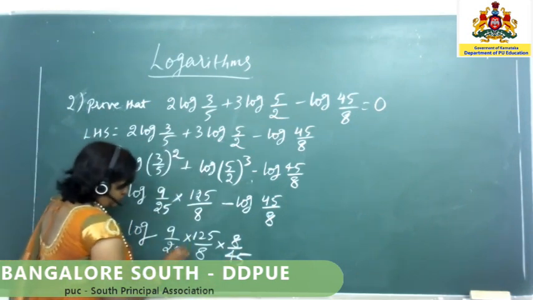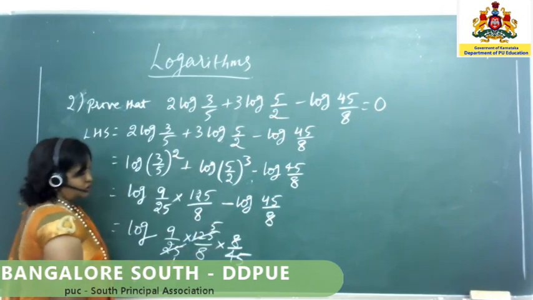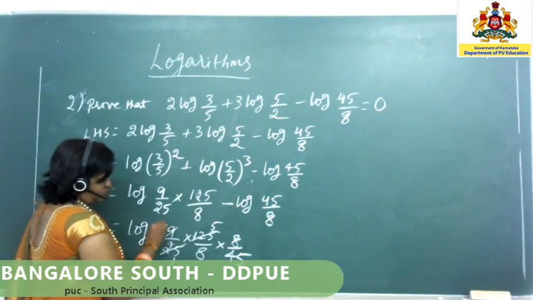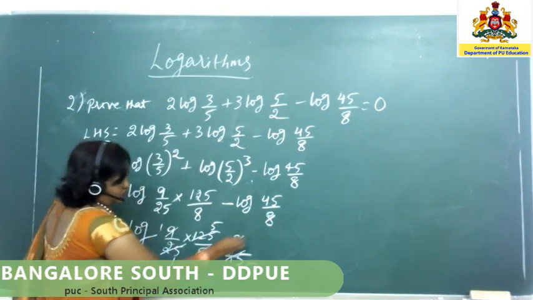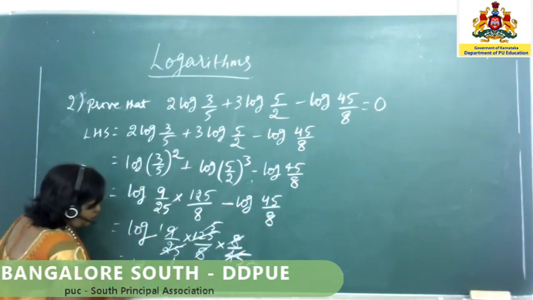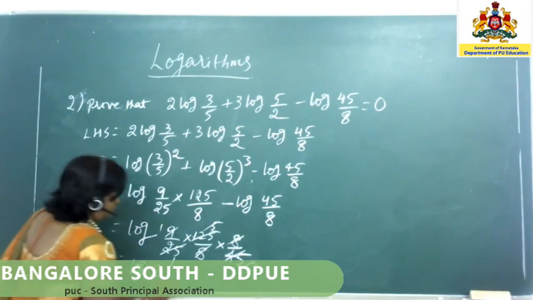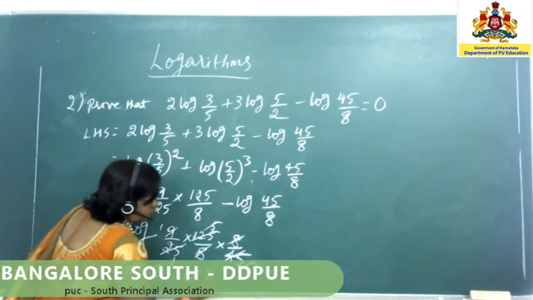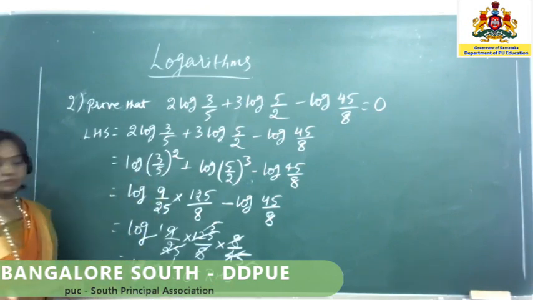So 25, 1, 25, 5. So then 9 into 1, 9 into 5. So 8 and 8 will get cancelled, 5 and 5 will get cancelled. You will be getting log 1. So log 1 value is 0. Log 1 is equal to 0, that is equal to RHS. Make a note.